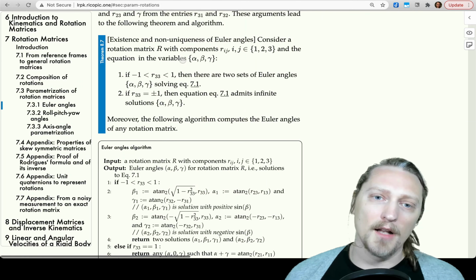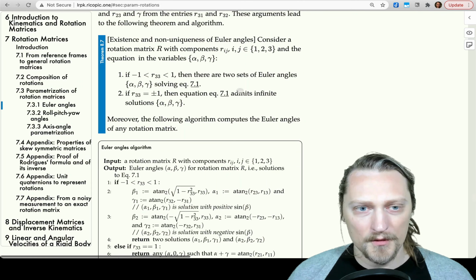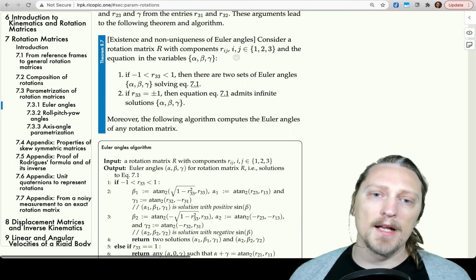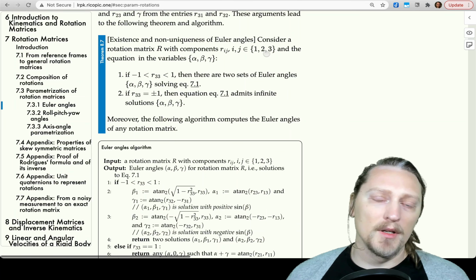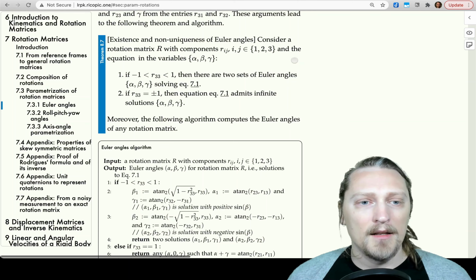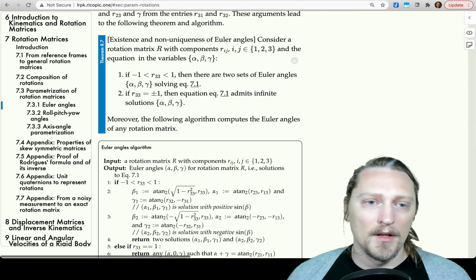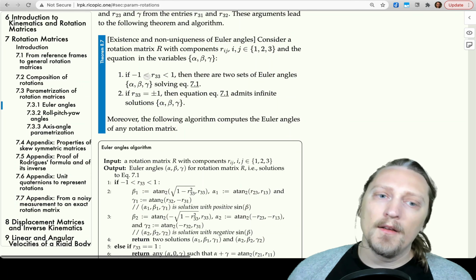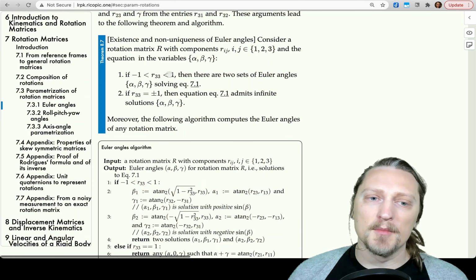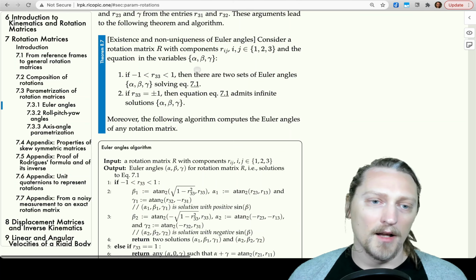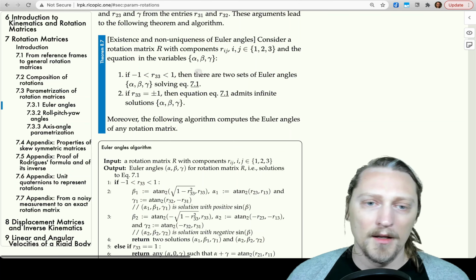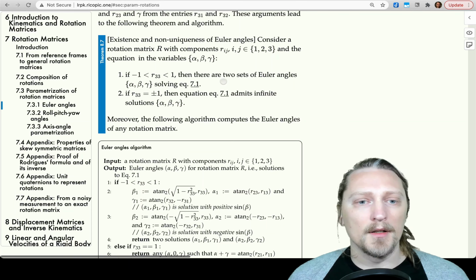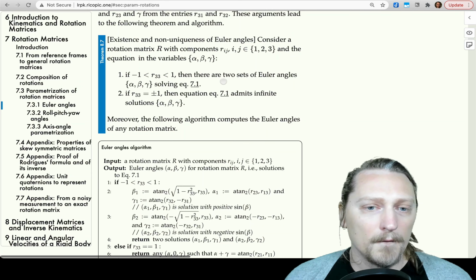The existence and non-uniqueness of Euler angles. Consider a rotation matrix R with components Rij, with i and j being 1, 2, and 3, and equation 7.1 above in the variables alpha, beta, and gamma. 1. If R33 is between -1 and 1, not inclusive, then there are 2 sets of Euler angles alpha, beta, gamma solving equation 7.1. 2.